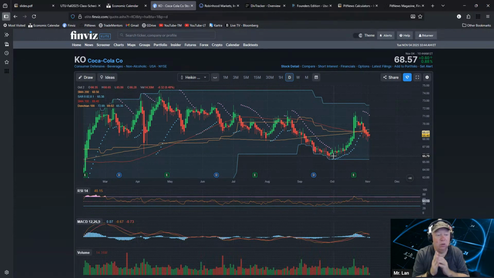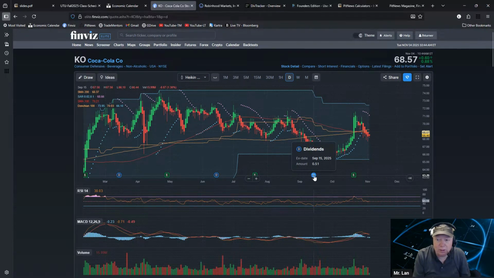Okay. So you want to buy low. It's really important when you're trading for dividends that you buy the shares at a low price because that gives you a higher percent increase on your yield. So right now you're going to get 51 cents on each dividend for each share that you have, and each share is $68.